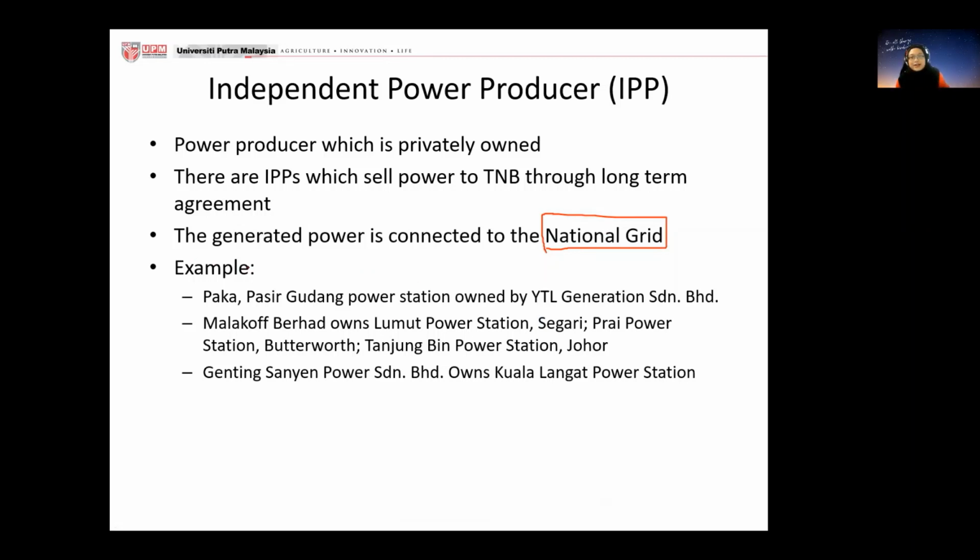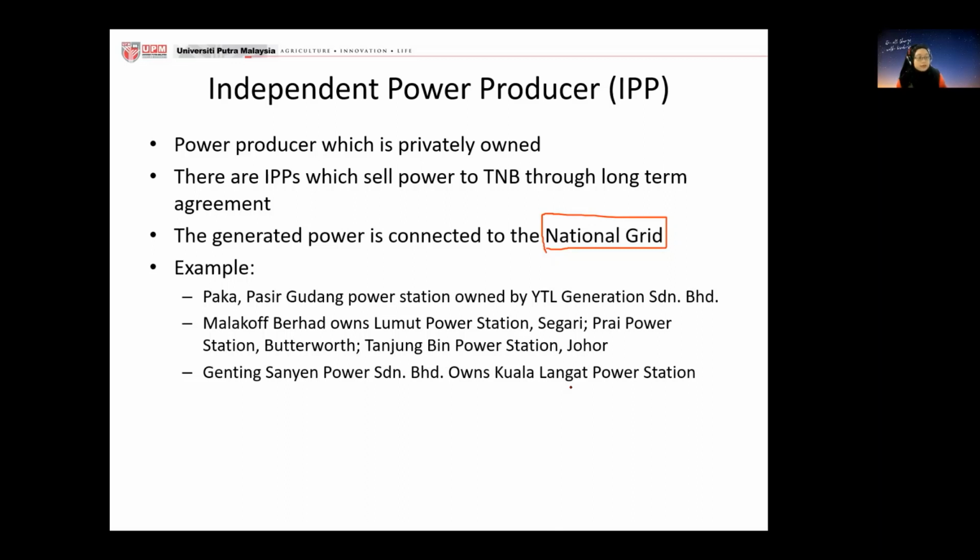A few examples of IPPs are YTL Generation and Malakoff Berhad, which owns Lumut Power Station, Prai Power Station, and Tanjung Bin Power Station. We also have Genting, which owns Kuala Langat Power Station.